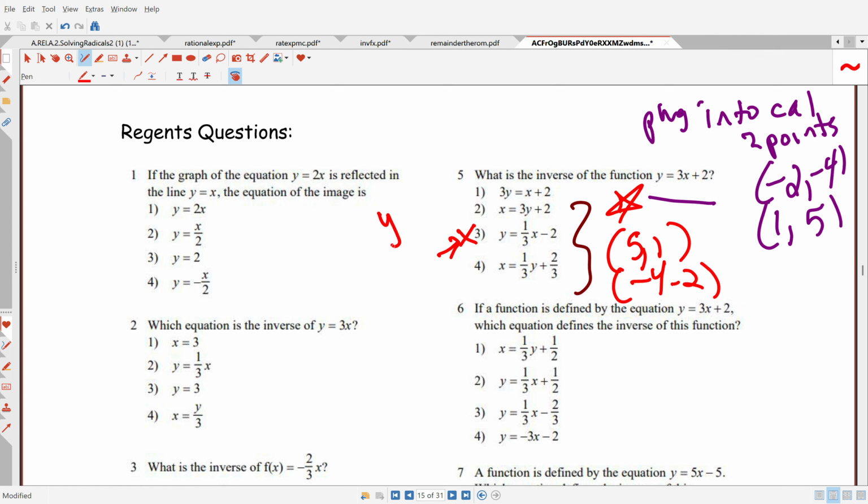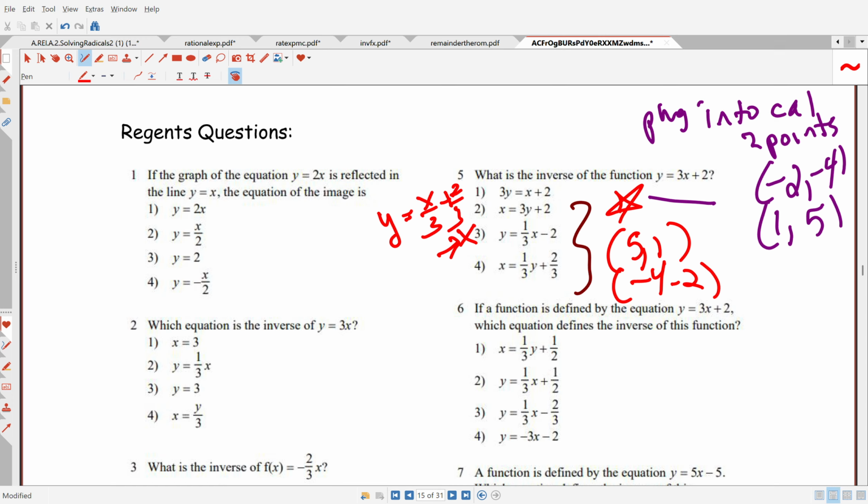This is annoying because you have to make it say y equals, so you would have to do x over 3 plus 2/3. Try that one. So it's x over 3 plus 2 over 3. And go to the graph. That was annoying because you had to move stuff over.